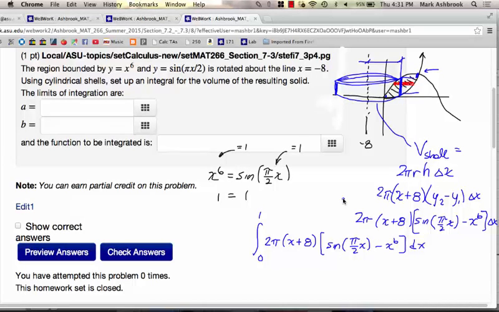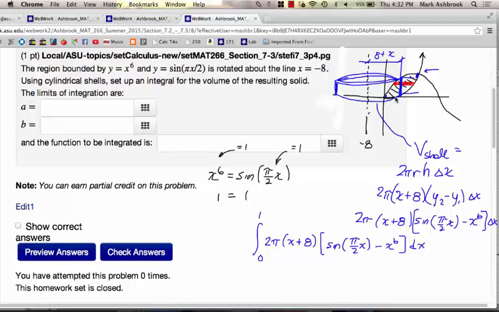Quick question. What happened to the negative 8? What's that, the line x equals negative 8? Yeah. That's our rotating axis, right? So we're taking this region that I've shaded in black, and we're rotating around the line x equals negative 8. So that had to do with the radius, right? Our radius was 8 plus x. That was the radius of the shell.